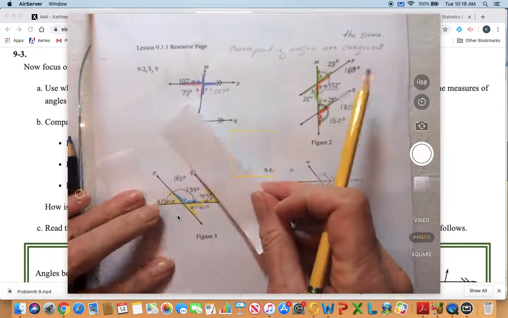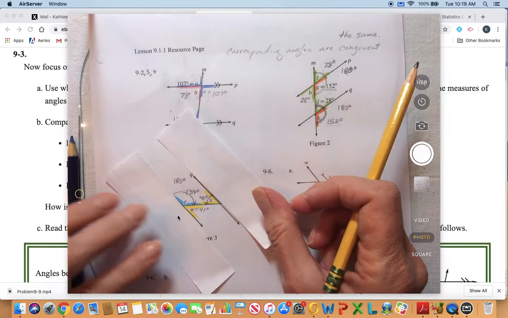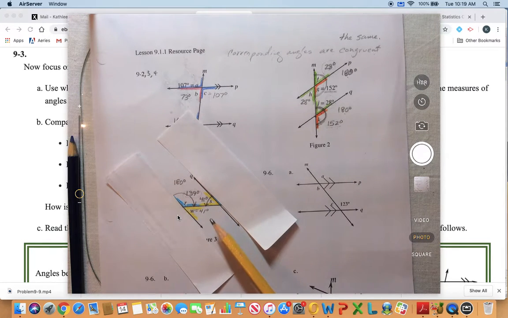All right, let's take a look at our last pair. Again, I'm going to put these strips of paper over the outside so that you can focus on the fact that these two angles are on the inside. So we're looking at W and S. They're on the inside of these parallel lines, and they are on opposite sides of this transversal.